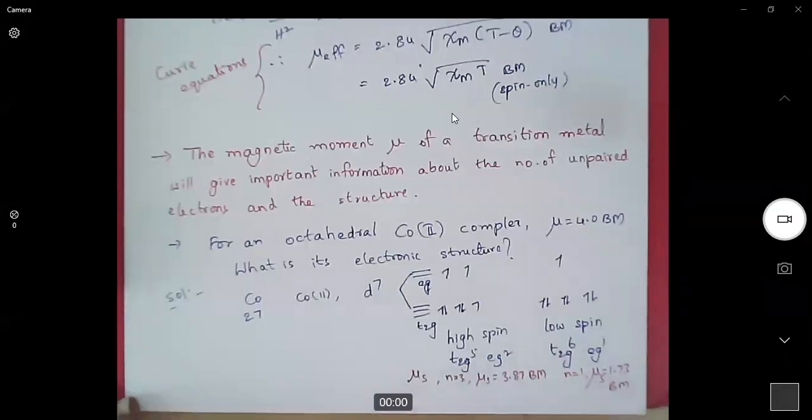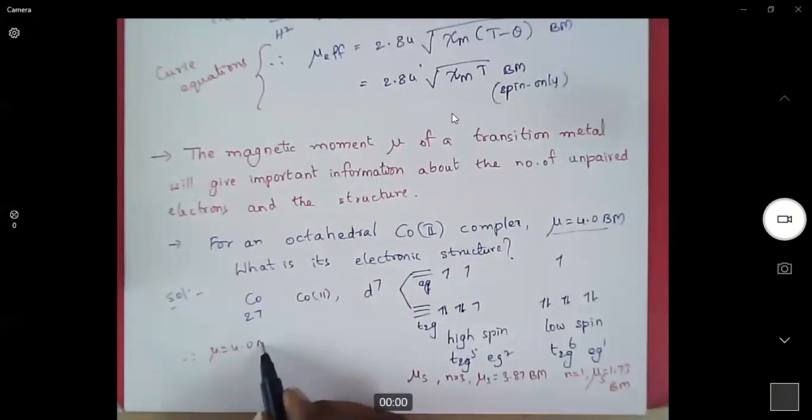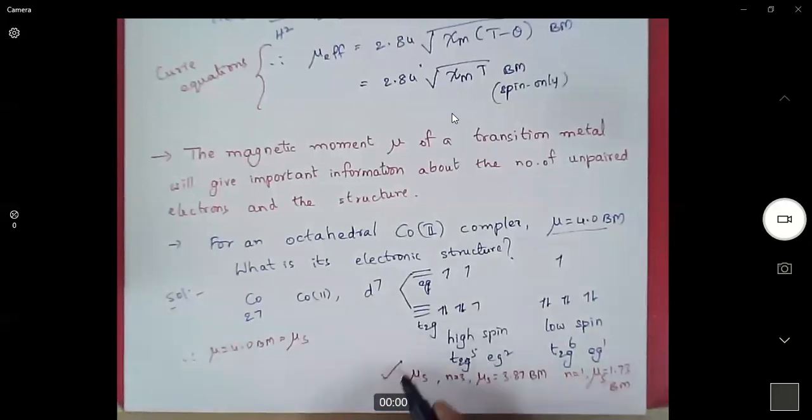Now look at the given value. The given mu of 4 Bohr magnetons is nearer to the spin-only magnetic moment of 3.87. So the given mu equal to 4 Bohr magnetons is matching with the high spin complex with electronic configuration t2g5 eg2.